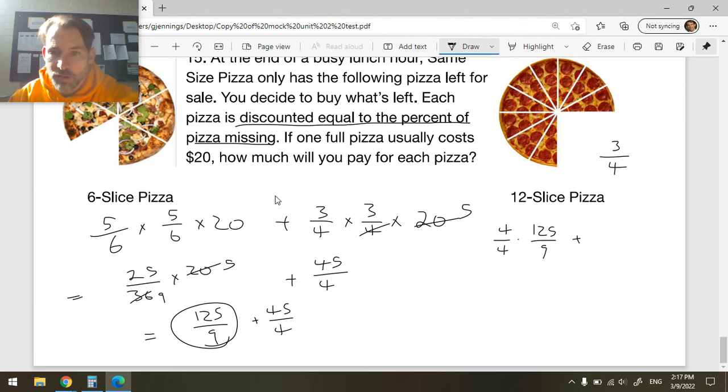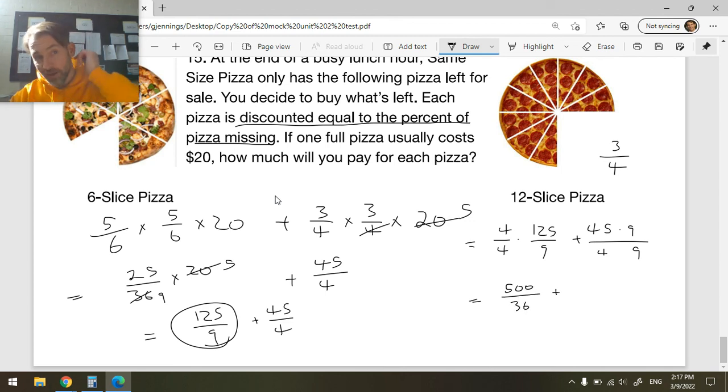Plus, and my common denominator, 36, plus 45 over 4, scale it up with a 9, 45 times 9 over 9, so 9 over 9 is what I scale that up with, over 4, okay? So this is equal to 4 times 125 is 500 over 36 plus 45 times 9 is 405 over 36.